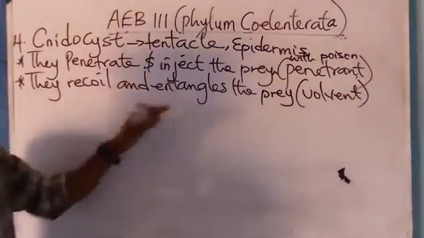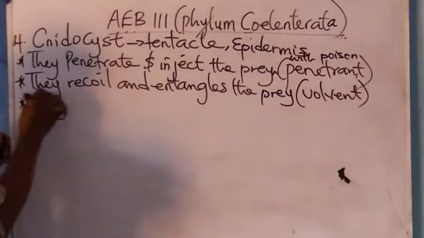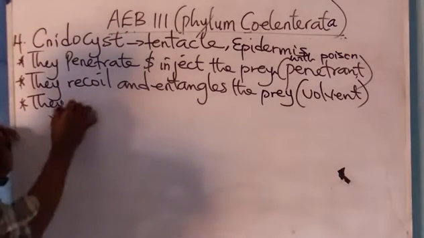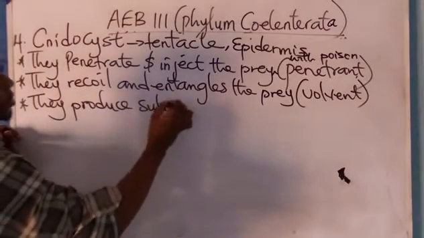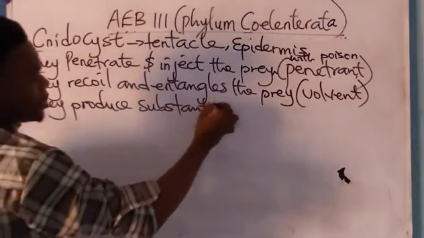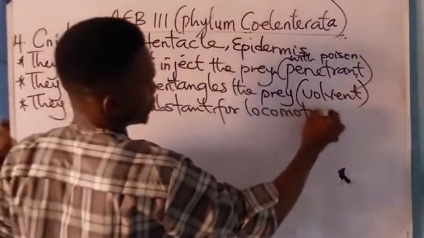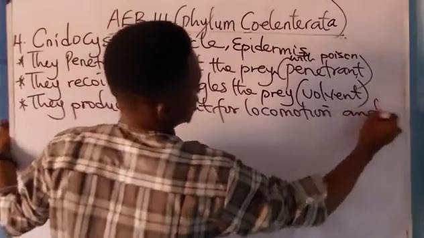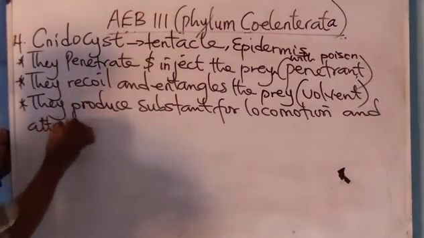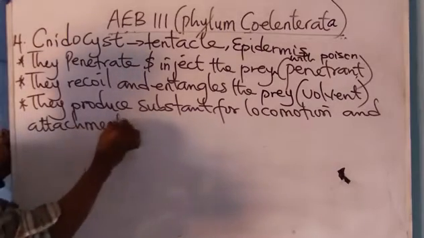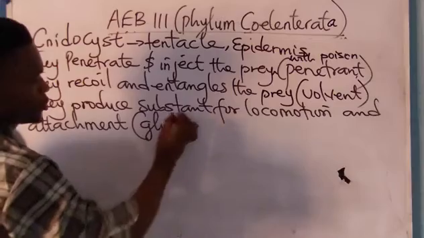Again, they produce substances for locomotion and attachment, and these are called the glutinant.